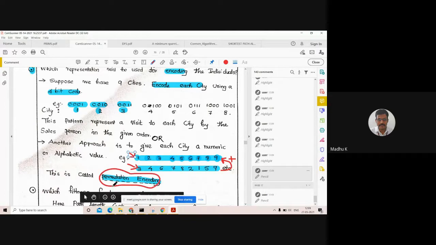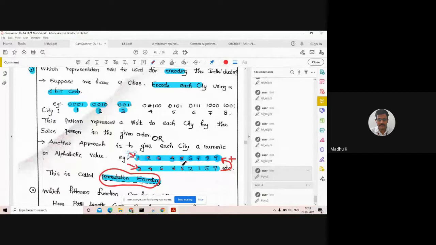In the TSP problem, permutation encoding is used. That is, we represent each city 1, 2, 3, 4 using 9 digits and encode the solution in this way. This is the first one, here 1, 2, 3, 4, 5, 6, which is one travel solution. Another solution is 3, 4, 6, 7, 8.